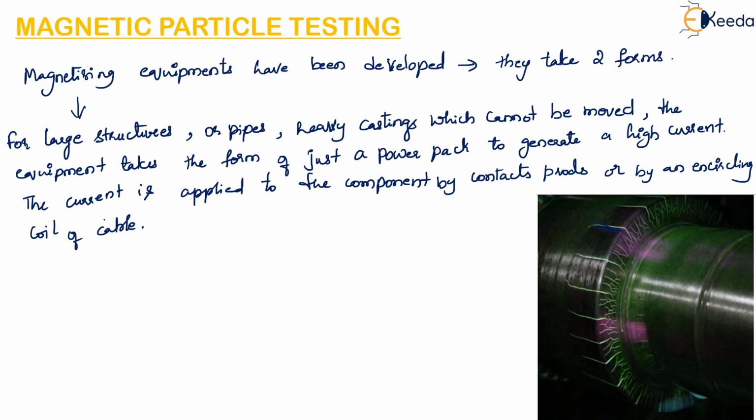The amperage of the current which may be used is up to a maximum of 2000 amps for portable units and 10,000 amps for mobile equipments.